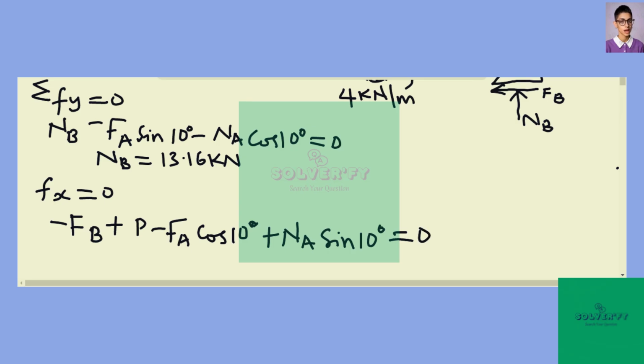When you solve this, you're going to have your P to be equal to 5.53 kilonewton. So this is the force that is required to pull out the wedge.